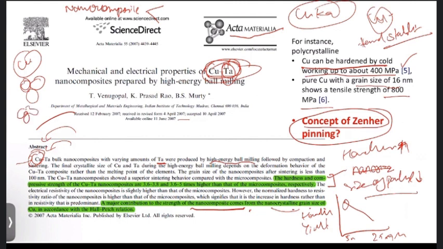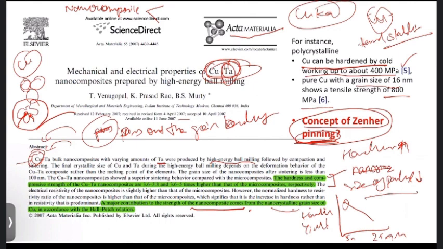When we are ball milling, the tantalum particles sit in the gaps. These smaller tantalum particles act like pins on the grain boundary of the copper.